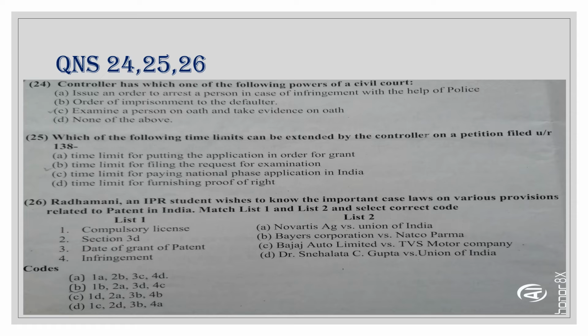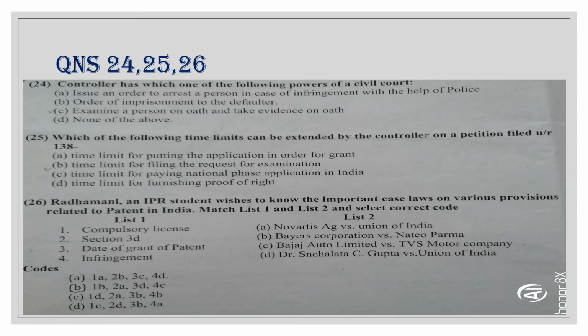Friends, you just have to analyze a little here, because the controller has some powers of a civil court, and which of these options indicates that? The first one is issue an order to arrest a person in case of infringement with the help of police. When the concept of police arresting a person comes, it goes to the criminal court, right?